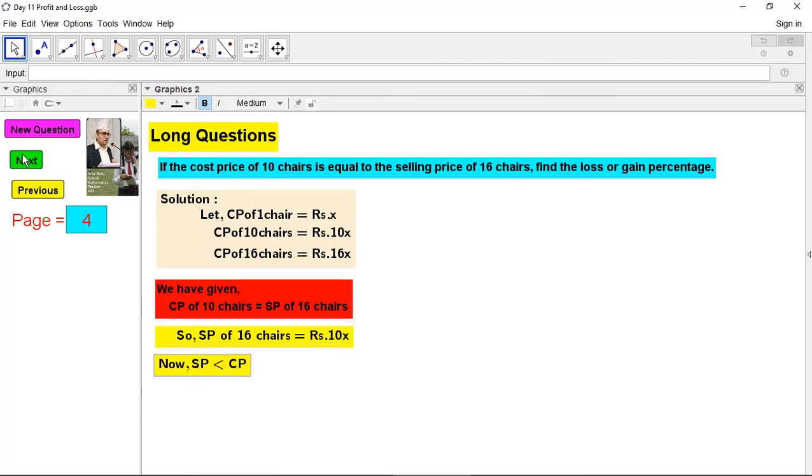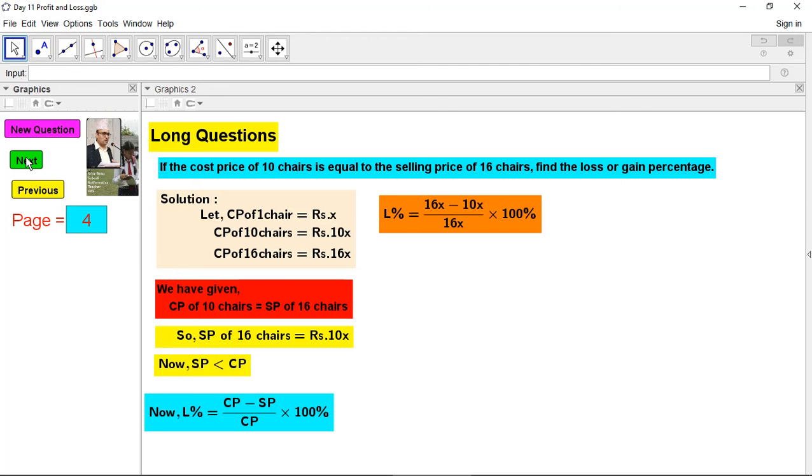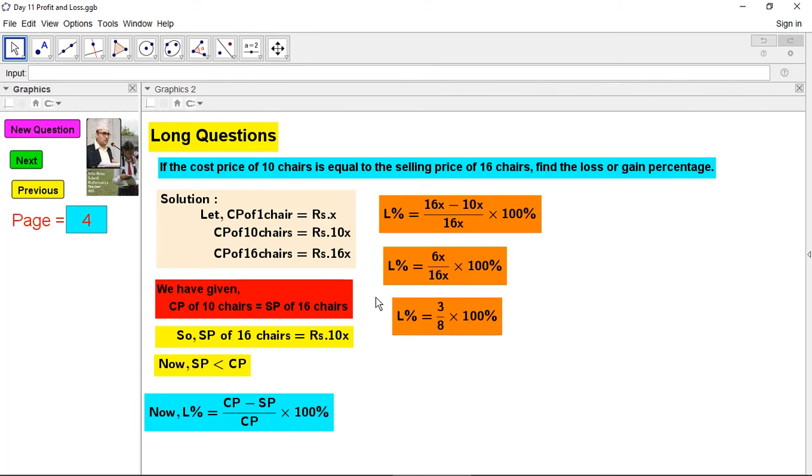So loss percent is (CP minus SP) by CP into 100%. That is (16x minus 10x) by 16x into 100%, which is 6x by 16x into 100%, which is 3 by 8 into 100%. Now the final answer is 37.5. Write this. I will wait for 2 minutes, dear students.